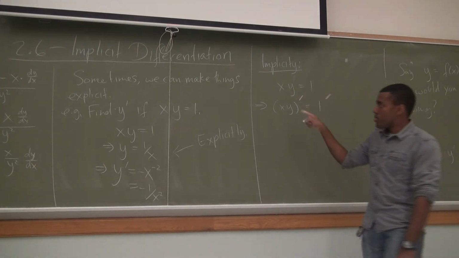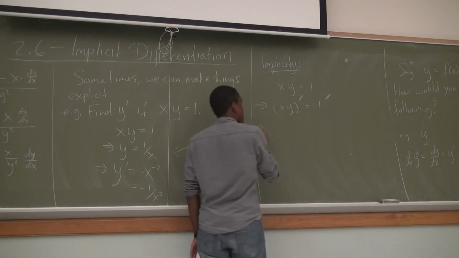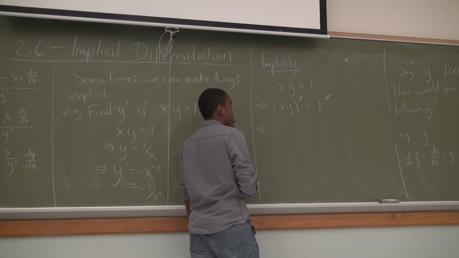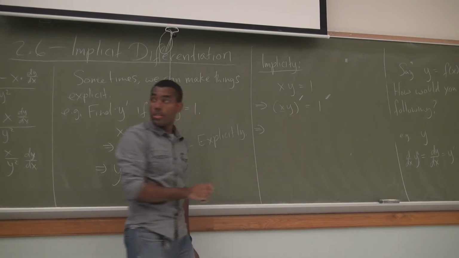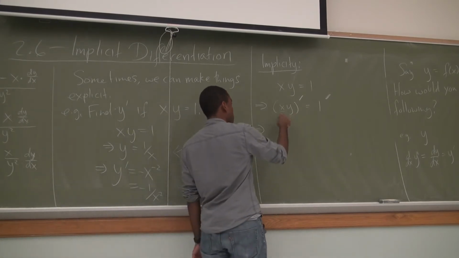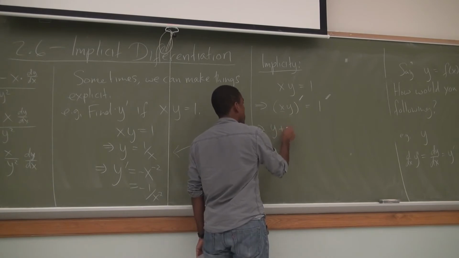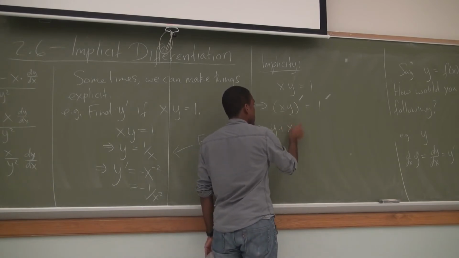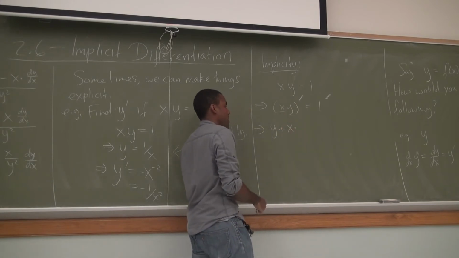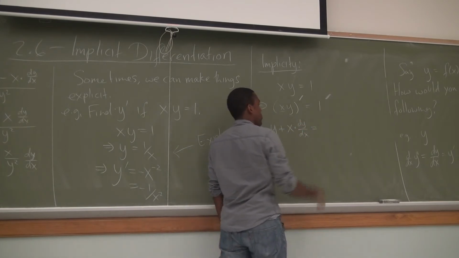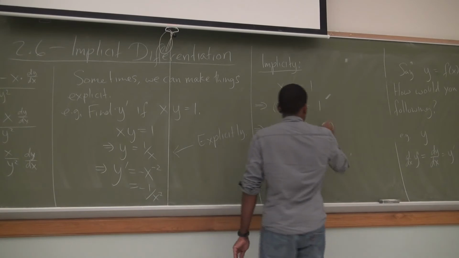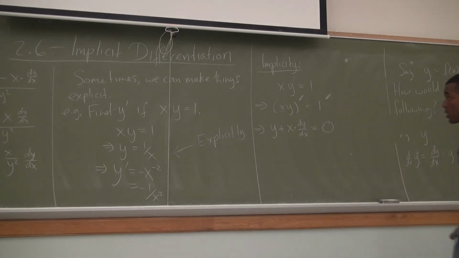How do I find the derivative of this? Product rule. It's x times y. These are two functions, so I can use the product rule. Differentiate the x, leave the y, plus leave the x, differentiate the y, what do I get? y plus x dy dx. Derivative of 1? 0. So now, what can I do?